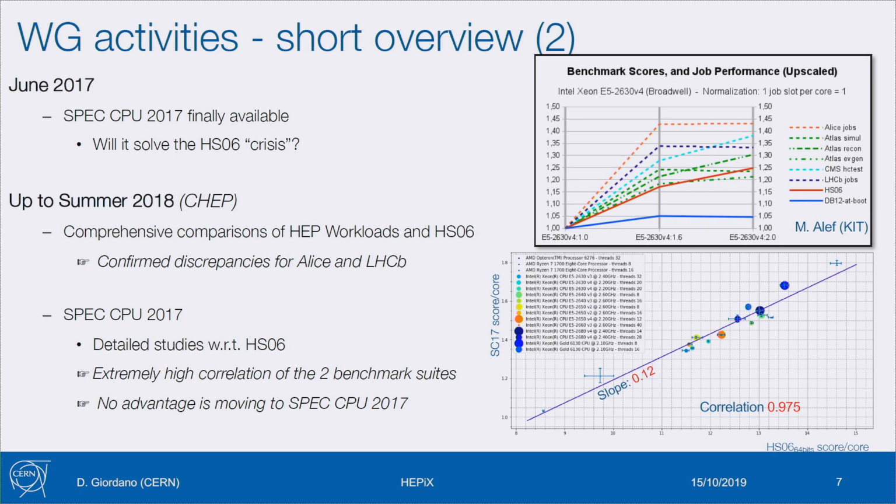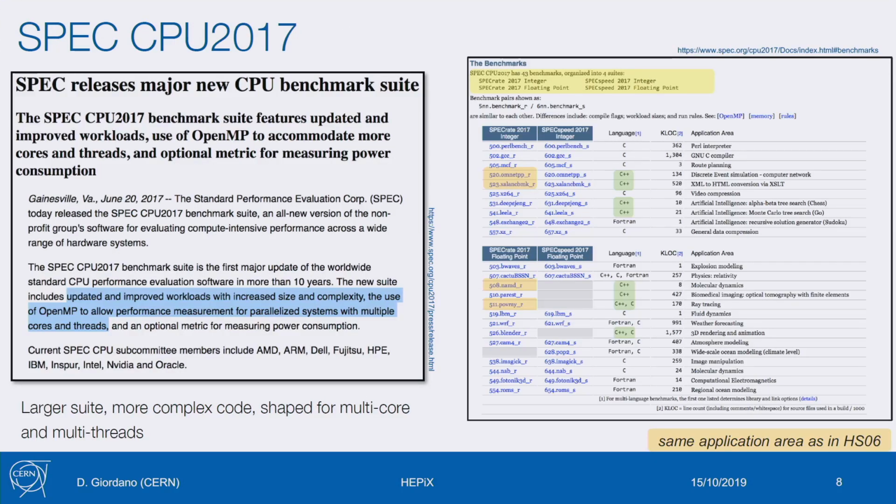Why is there this very good correlation? The main reason is that SPEC CPU 2017 is not very different with respect to SPEC CPU 2006. Yes, they have made the software a little bit more complex. They are looking mainly to parallelize the system, with OpenMP.